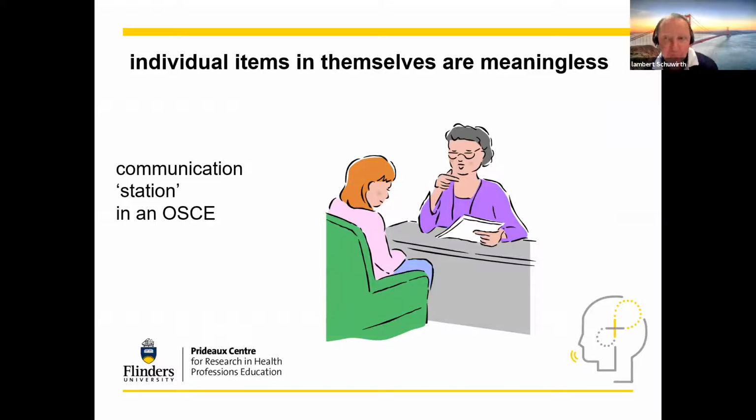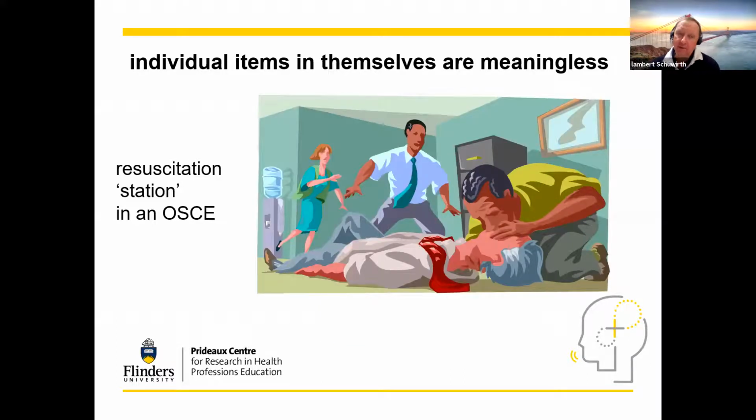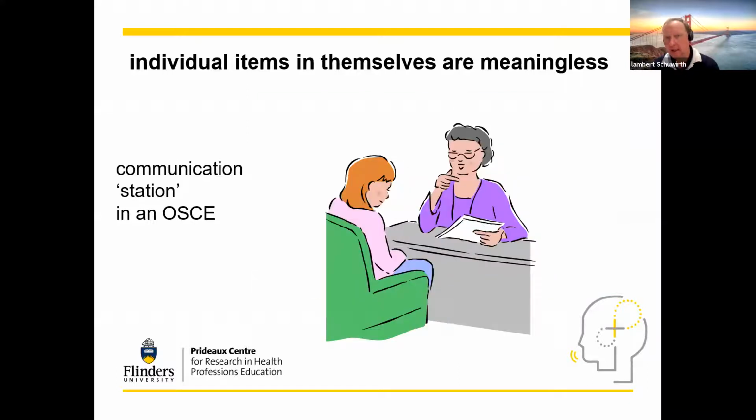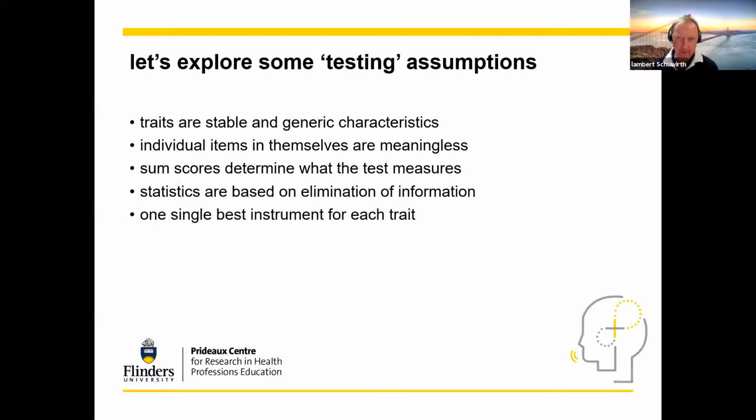That stops making sense. Because you cannot say to your patient, well, the resuscitation of your loved one went very poorly, but I can talk about it very well. It doesn't really make sense. So in most tests, we're adding apples with oranges, and we get dodgy stats.